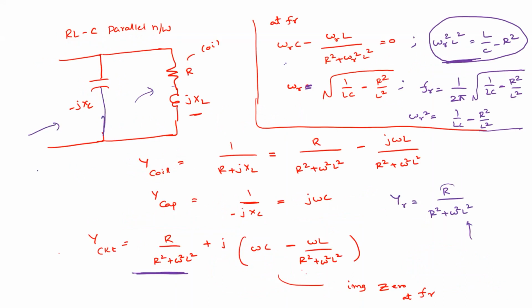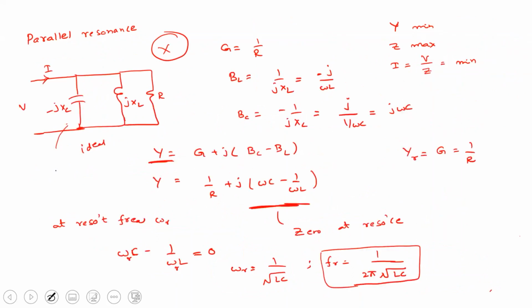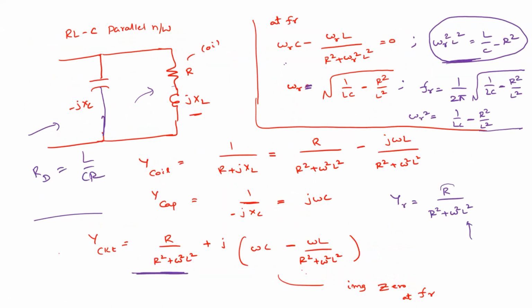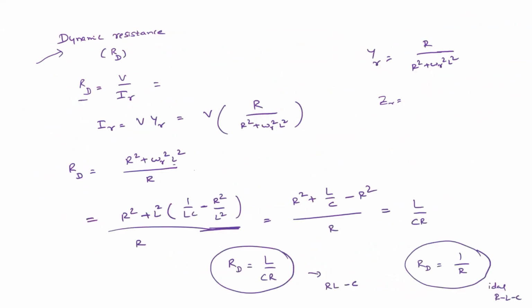So for this circuit the dynamic resistance RD is L by CR, whereas in the previous circuit the dynamic resistance RD is equal to 1 by R only. Understood?